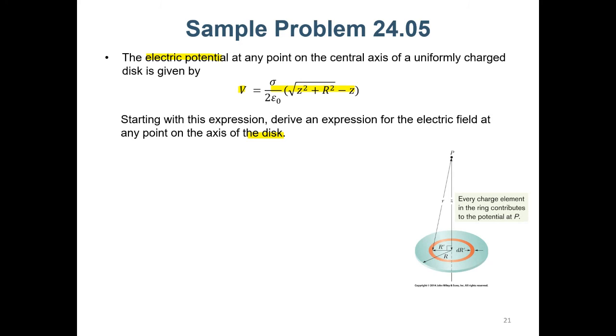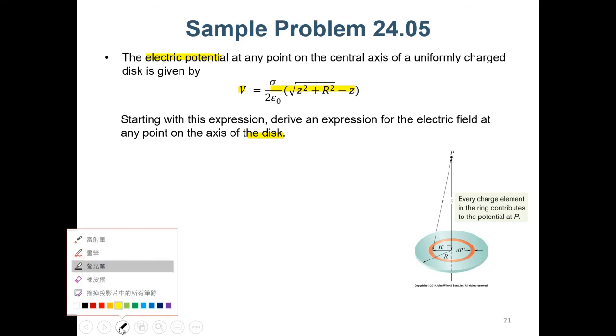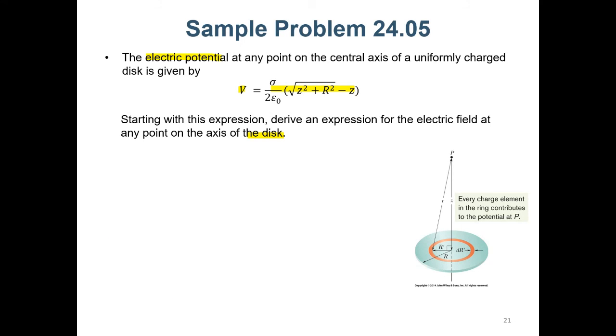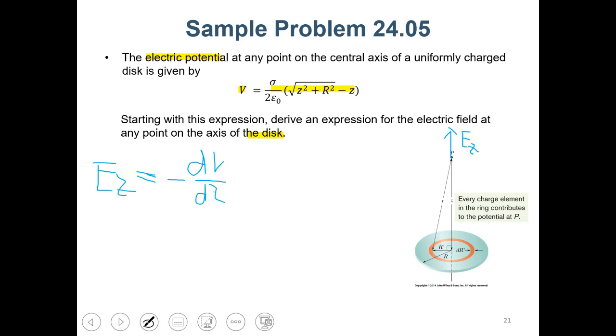So we know that E_z, the z component of the E field, is nothing but negative dV/dz, because it is only a function of z, so we can just replace this partial with a d.